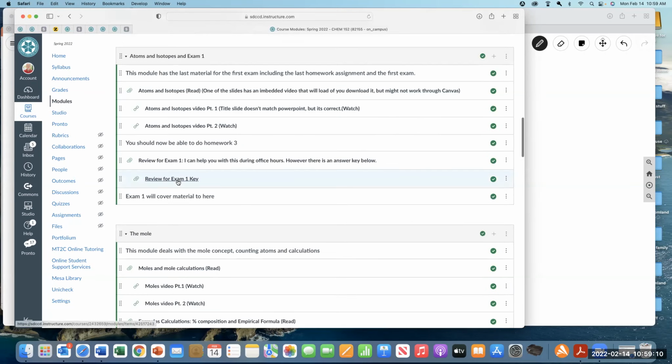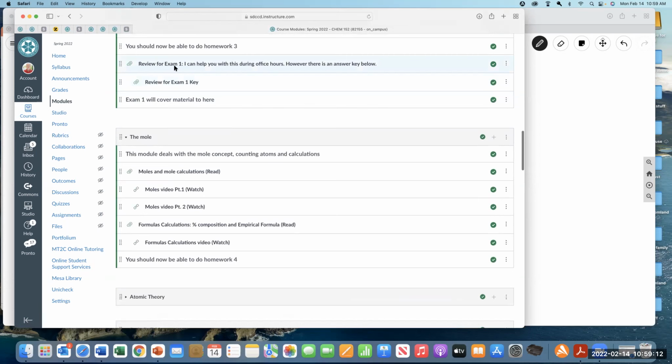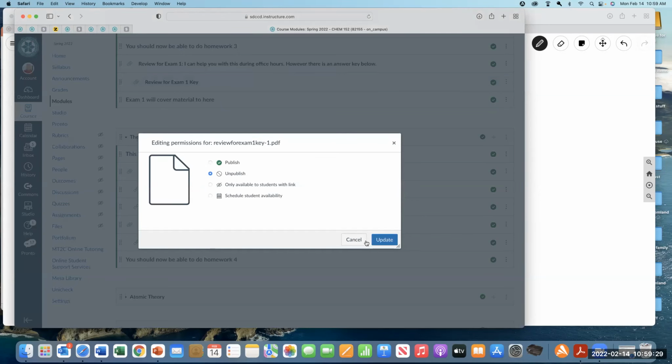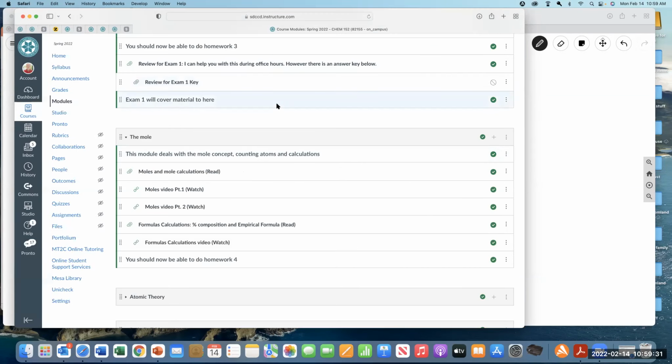On Wednesday, we're going to do this review for the exam. I made the key for the review visible, but I was going to let you guys work on this in class, so don't click on it. Tell you what I'm going to do. I'm going to unpublish that for a minute. If you've looked at it already and printed it, great. But if you haven't, we'll let you work on this in class a little bit.